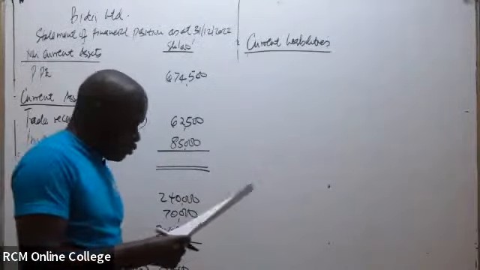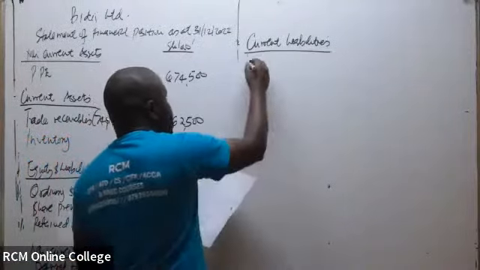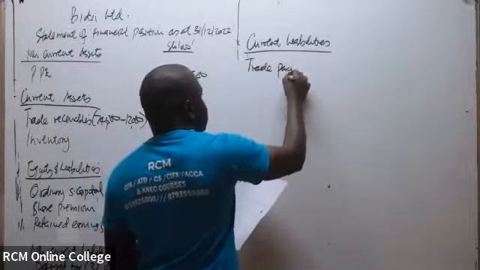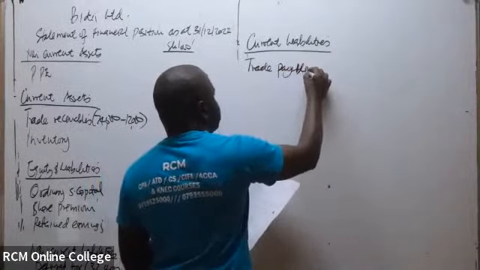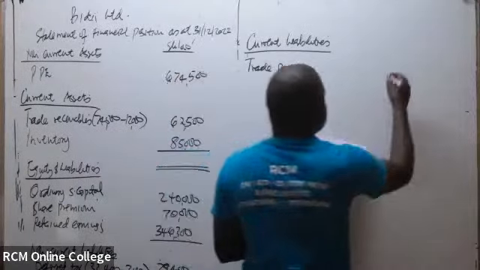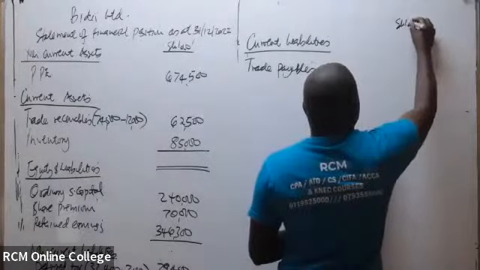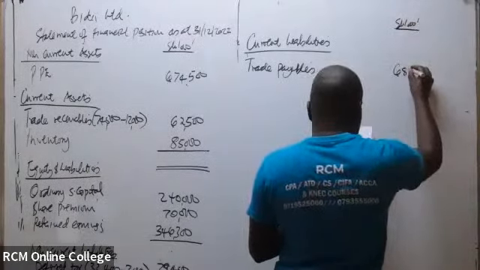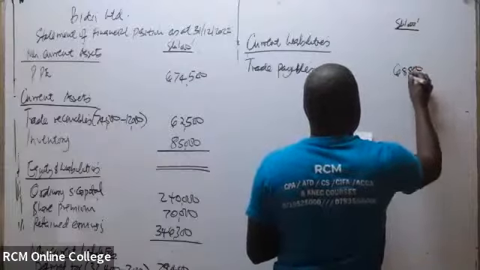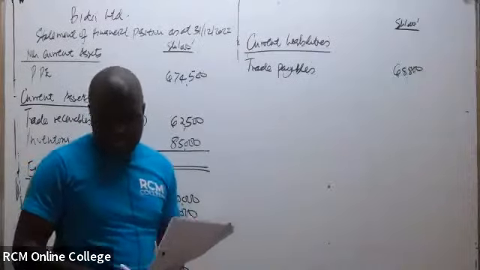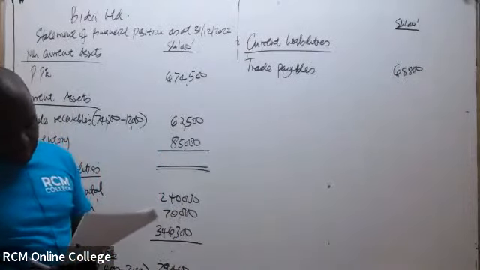Automatically, we see trade payables. These are just free marks you would have gotten because I don't think it has any adjustment. Our shillings are in thousands, so it comes to 68,800.